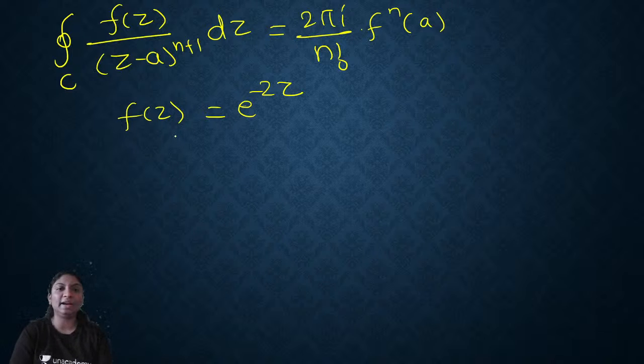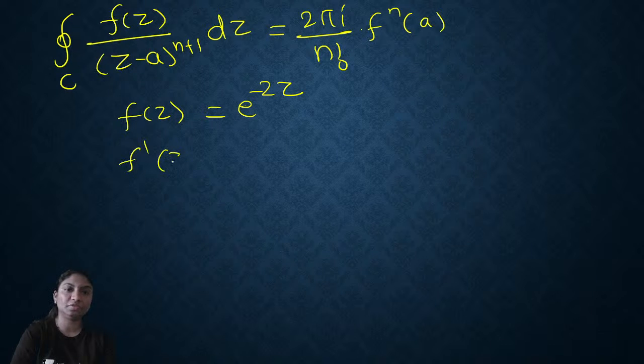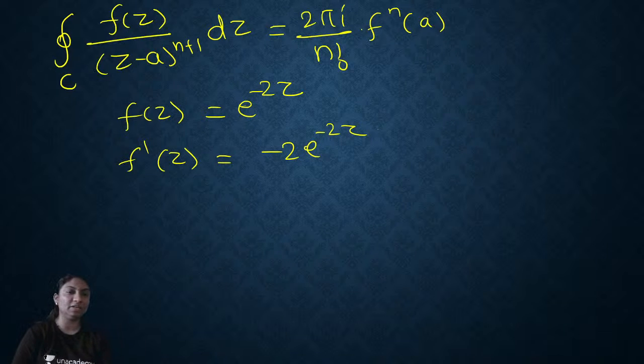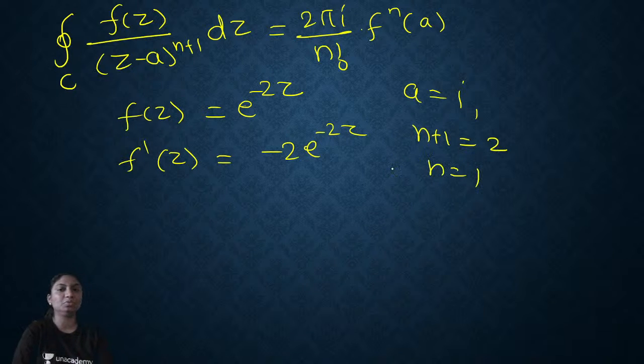Then we require f dash of z, which is equal to minus 2 e raised to minus 2z, and here a is equal to i, n plus 1 is equal to 2, so n is equal to 1. So only we required f dash of z. So just put it in the formula.